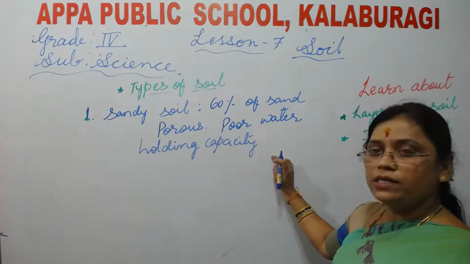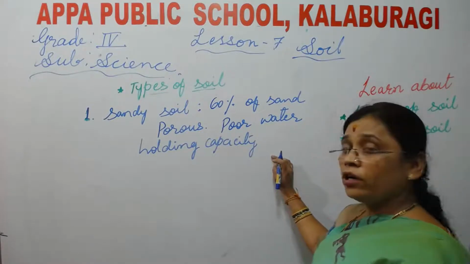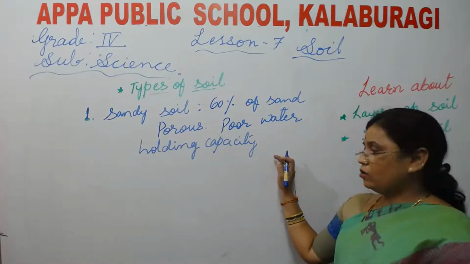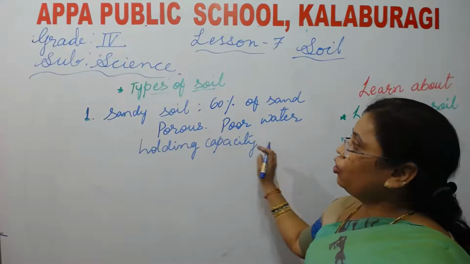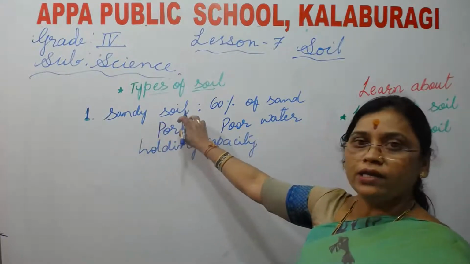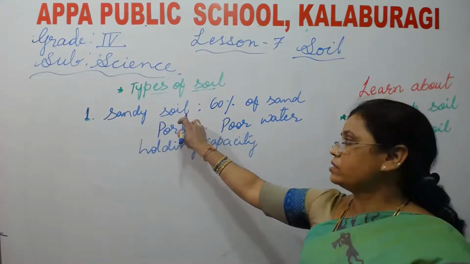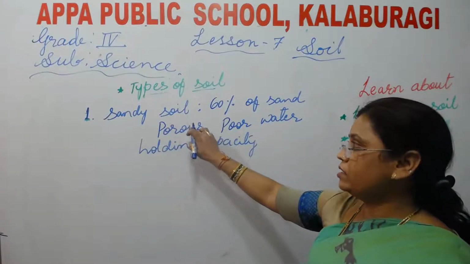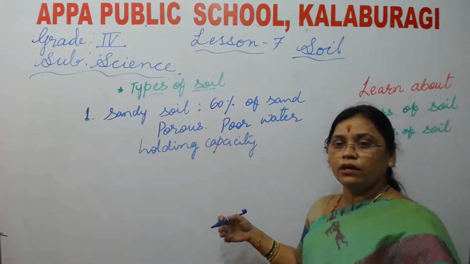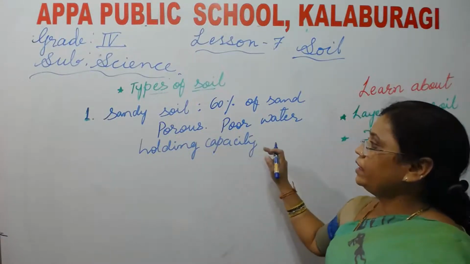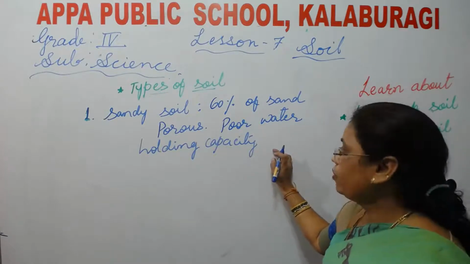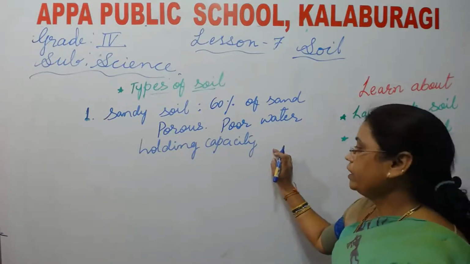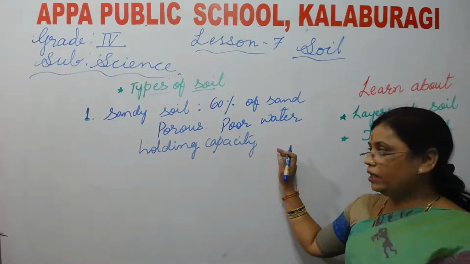Some plants like watermelon and coconut trees can be grown in sandy soil, as on the banks of rivers or other watery areas, where sandy soil is present.